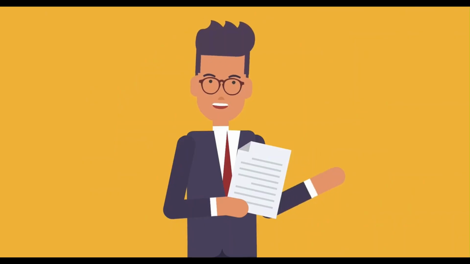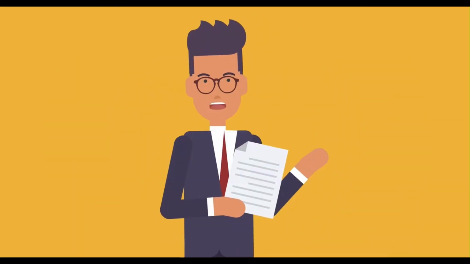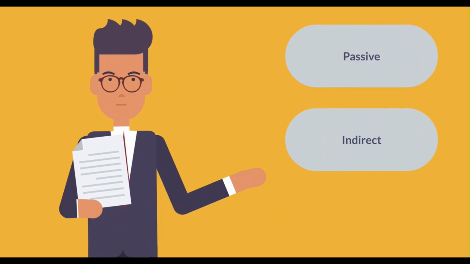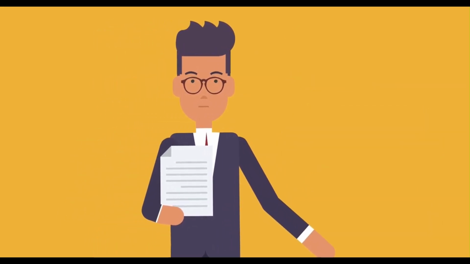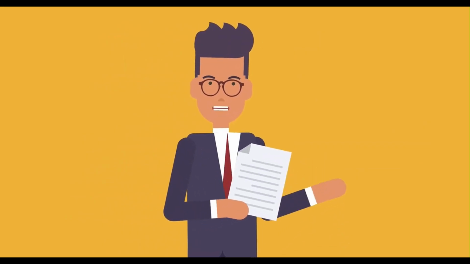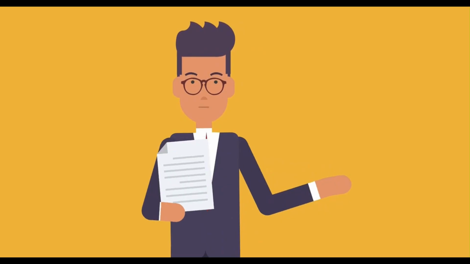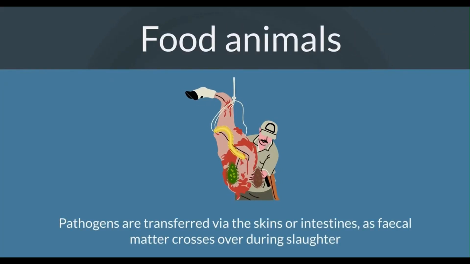All biological contamination has a source and vehicle before causing food poisoning. Bacteria can enter food by 3 main methods: passive, indirect, and direct. Direct and indirect cross-contamination will be discussed in more detail later, but passive contamination occurs via several routes. Food animals: pathogens are transferred via the skins or intestines as fecal matter crosses over during slaughter.